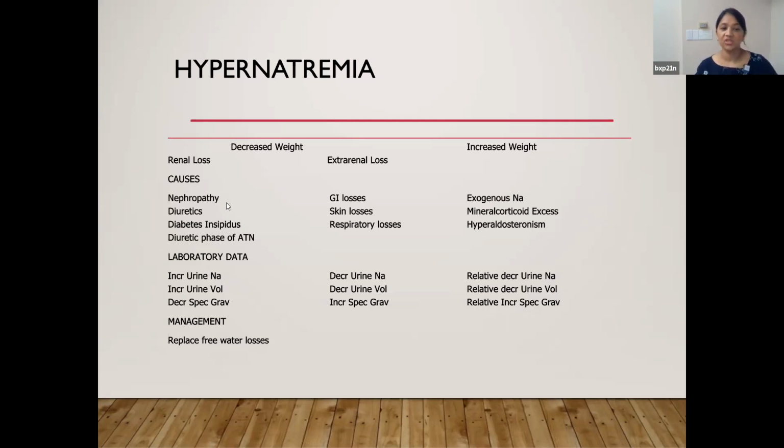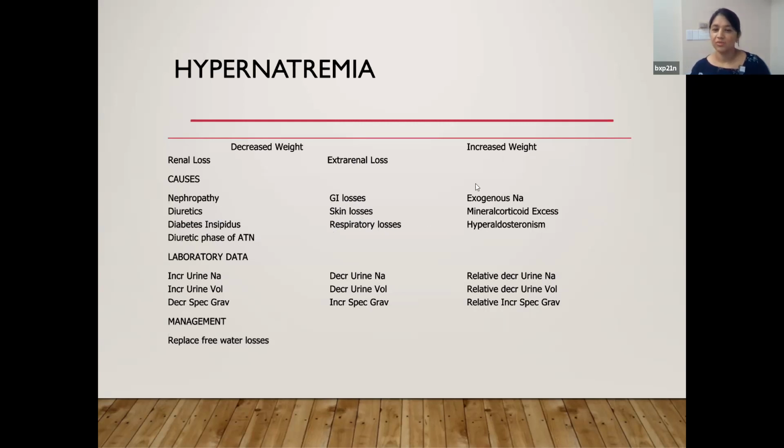So renal losses, sometimes nephropathy, can cause this, especially a concentrating defect, diuretics, diabetes insipidus, and the diuretic phase of ATN, where you're losing so much water. And extrarenal losses: GI losses with diarrhea, skin losses, especially cystic fibrosis or exposure to extreme heat, and respiratory losses too, if they're severely tachypneic.